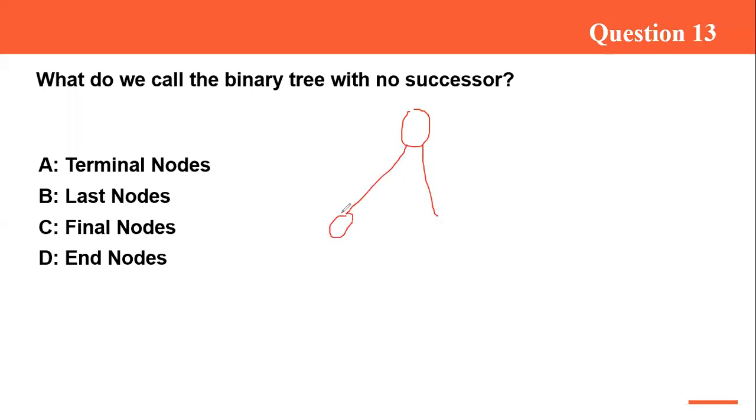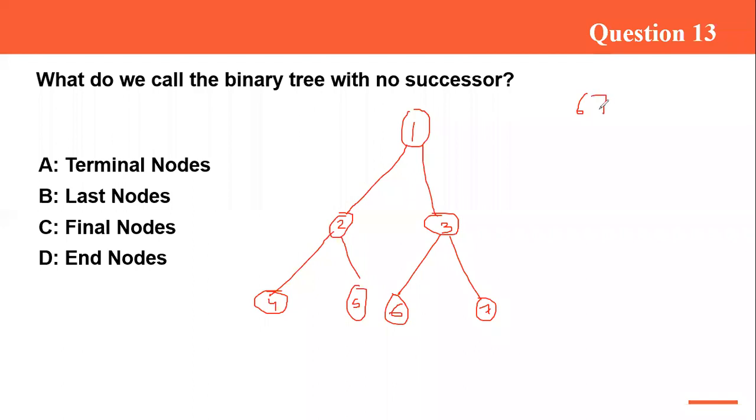I'm trying a bit bigger tree so that I can explain one more concept. Assume I have a tree like this. Let's consider some numbers 1, 2, 3, and 4, 5, 6, and 7. Now tell me, can I call 6 and 7 sibling nodes?